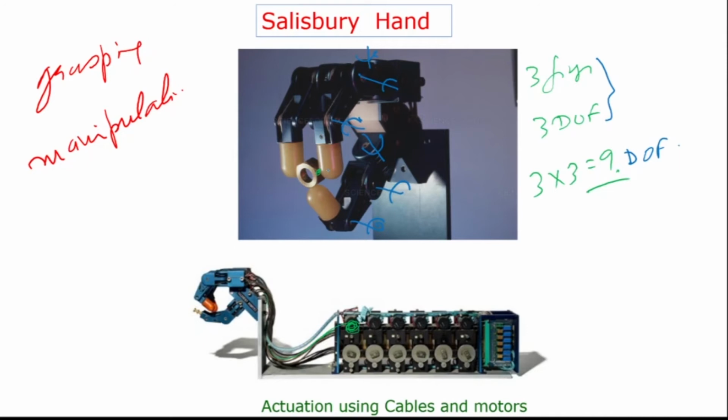How is it actuated? Basically, each joint is actuated by cables. These cables run down across under the fingers and into the drives, which are located a little bit further away. The motors and pulleys are here, and when the motor rotates, the tension in the string changes, and that's how the fingers move.